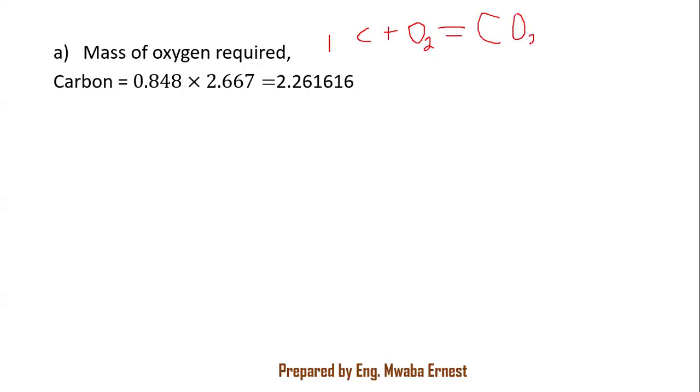So we're talking about the complete combustion of carbon to carbon dioxide. For you to burn 1 kg of carbon, you need 2.667 kg of oxygen. And in the end, you end up with 3.667 kg of carbon dioxide.